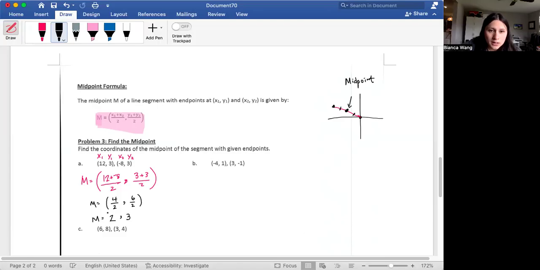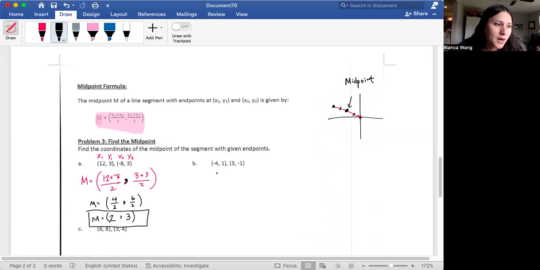When you separate these two problems with a comma in between, you're finding the average of the x's, comma, the average of the y's. Everything is going to simplify down to the x and y value, and that becomes the location of your midpoint. So the midpoint is 2, 3 as a coordinate.